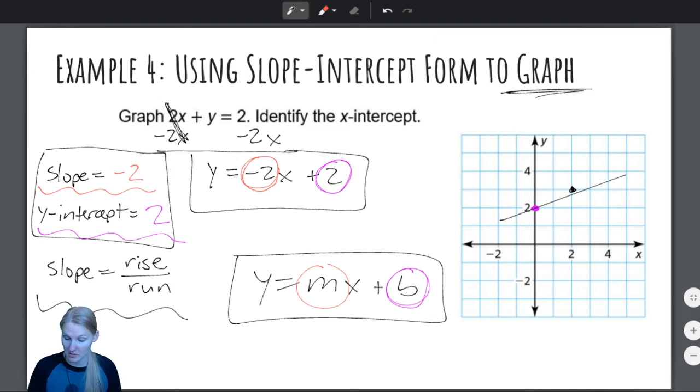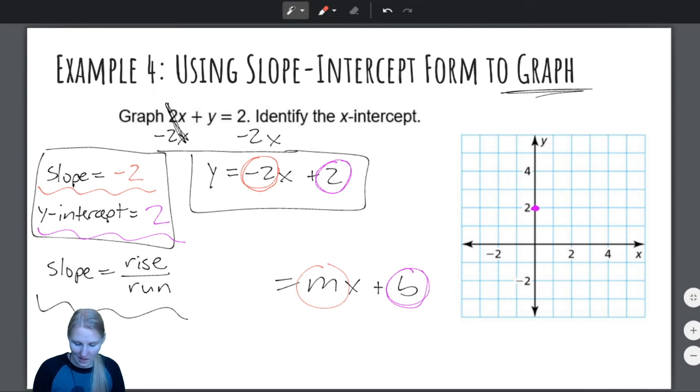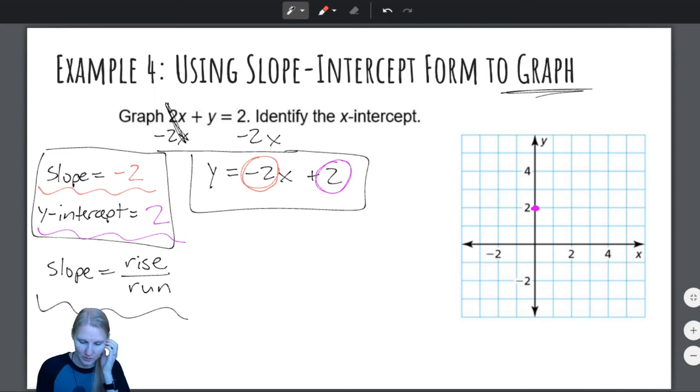Does it go up here? Does it go over here? Like, where does this other point go? I need 2 points to make my line. So, if we look at the slope, and I'm going to erase this so I have more space, my slope is -2. So, what is my rise and what is my run?